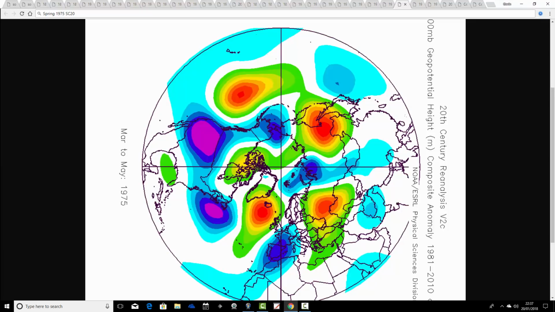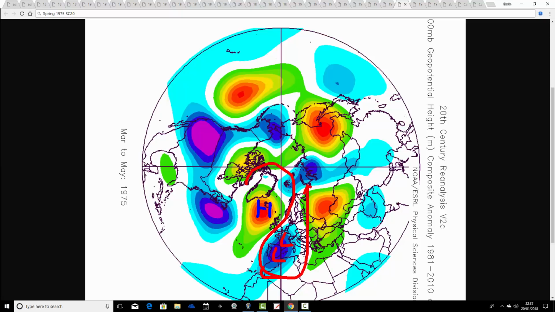Our next spring is 1975 from solar cycle number 20. Now, this is quite a cold spring, interestingly, so it does have quite a blocking signal here out to the northwest, and then we've got the below average heights and pressure down to the southwest. And this one brings in a lot of northerly winds.